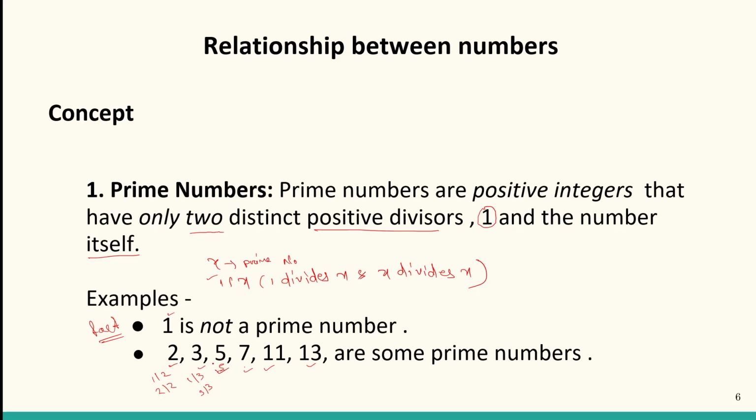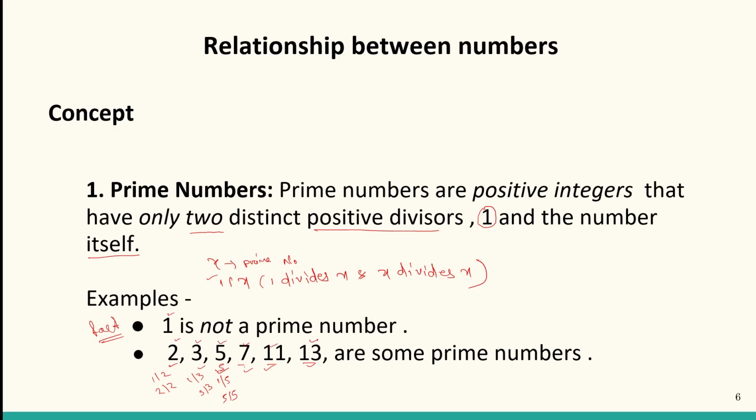Does 3 divide 5? No, it will leave a remainder of 2. So only 1 divides 5 and 5 divides 5 itself. The only way you will get zero remainder is by dividing by 1 or by itself. The same property holds for all these numbers. That is why these are prime numbers.